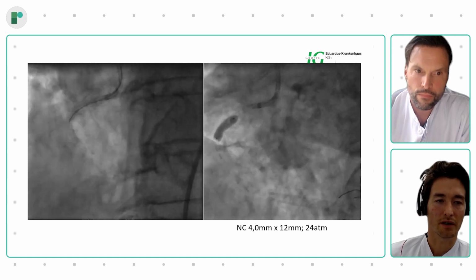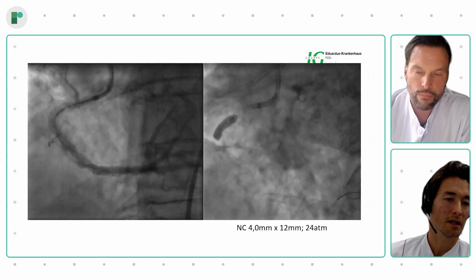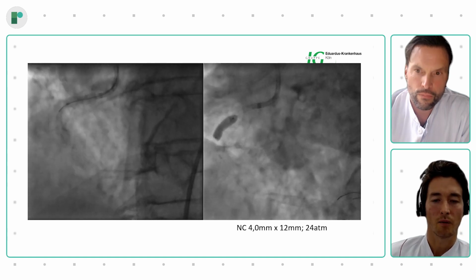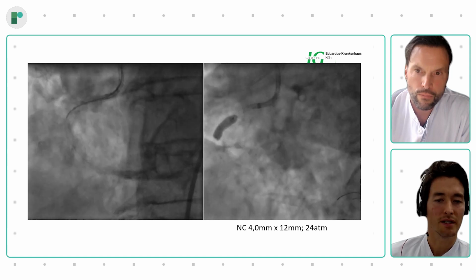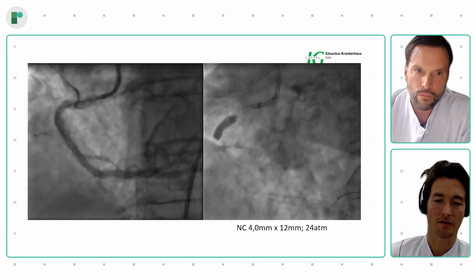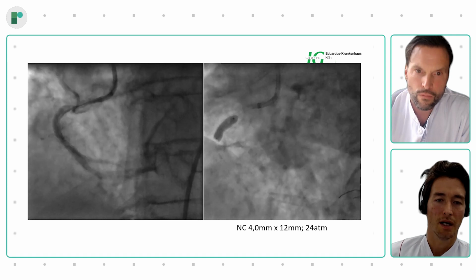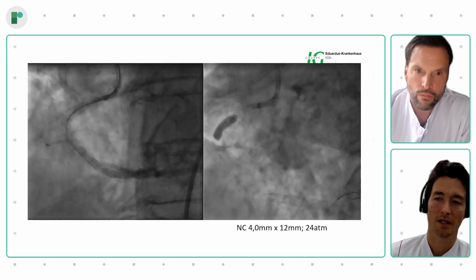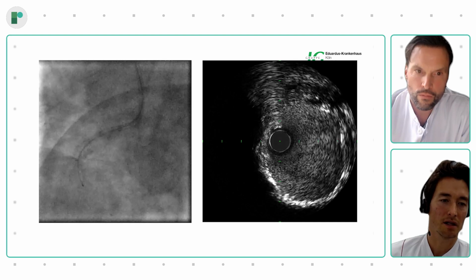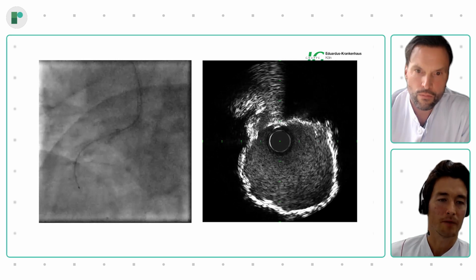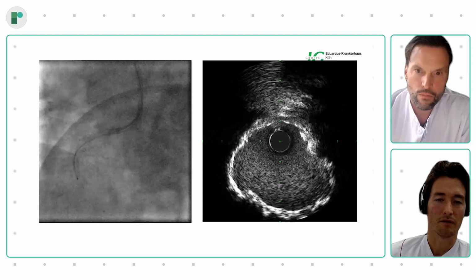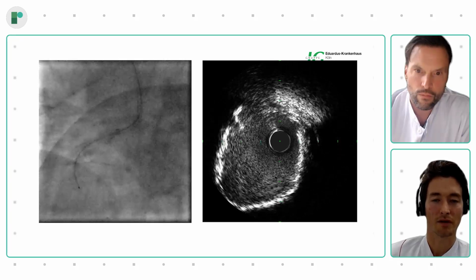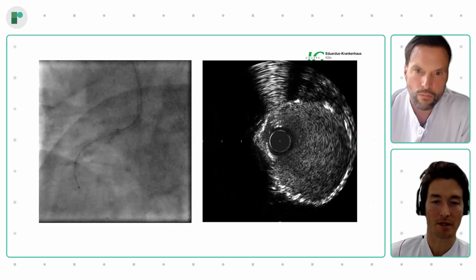We achieved a very nice debulking with the orbital atherectomy. We went ahead with pre-dilating with an NC 4.0 balloon. There's maybe a little bit of tapering in the mid part, but we achieved a nice result. And then you can see a very nice HD IVUS result with good stent apposition.